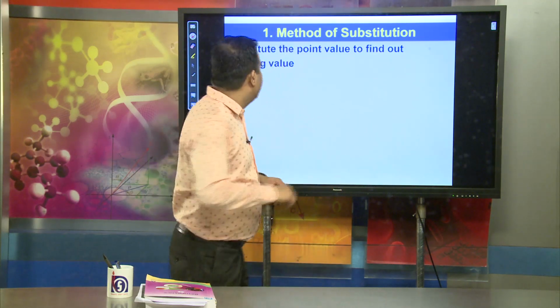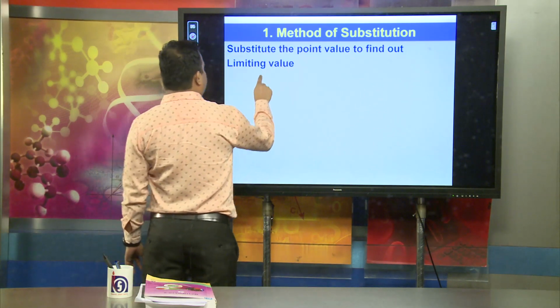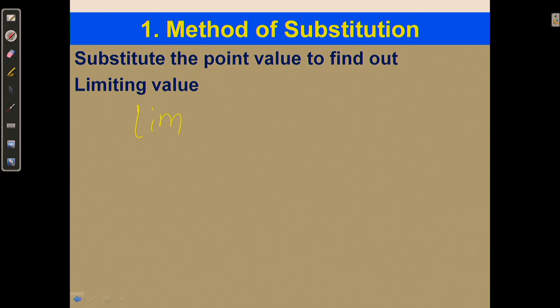For example, suppose I would like to take the limit as x tends to 2 of x square plus 3x plus 2. What will you do?